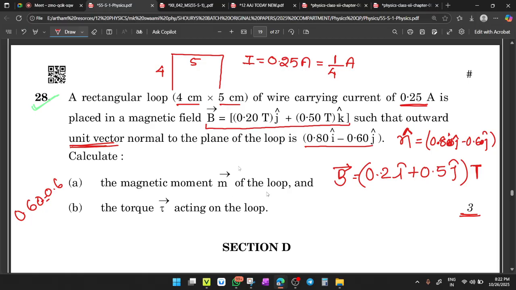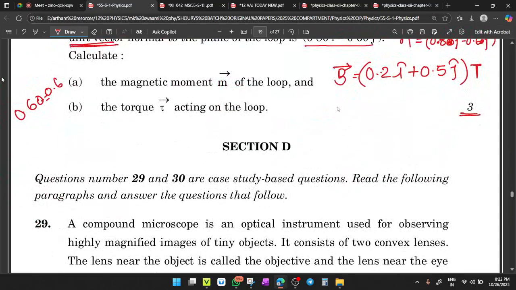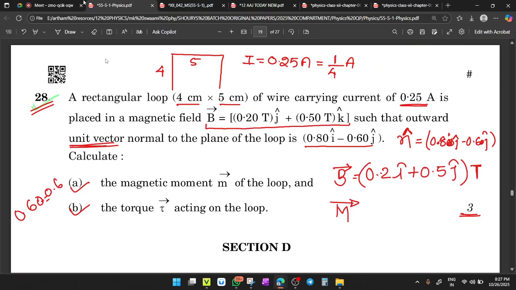Okay, now find the magnetic moment of the loop. First thing you have to find is the magnetic moment. Usually we take the magnetic moment as capital M, and we have already read the formulas for the magnetic moment of the loop and the torque acting on the loop. So two formulas are incorporated here. First find the magnetic moment of the loop and second the torque on the loop. Start. So students, first you are asked to find the magnetic moment of the loop.